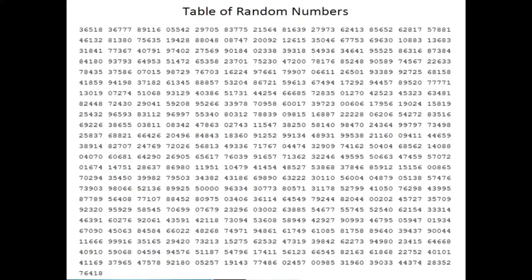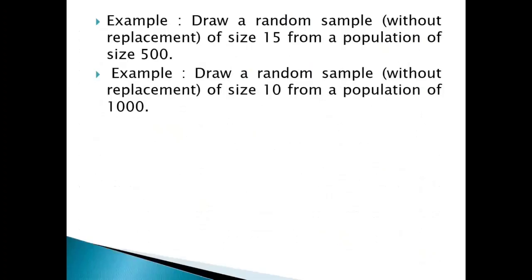So this is a form of random number table that I was talking about. It's a 5-digit number written in columns as well as rows, and the digits from 0 to 9 are arranged randomly. With the help of this random number table, we can draw a sample from the population being studied.